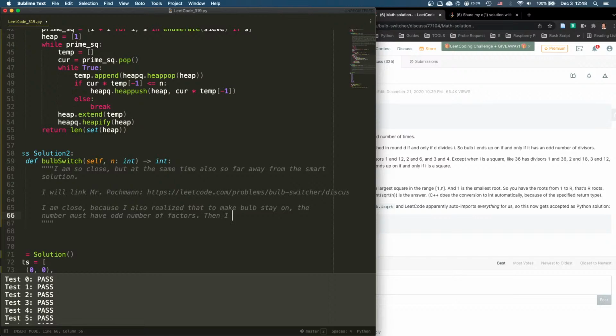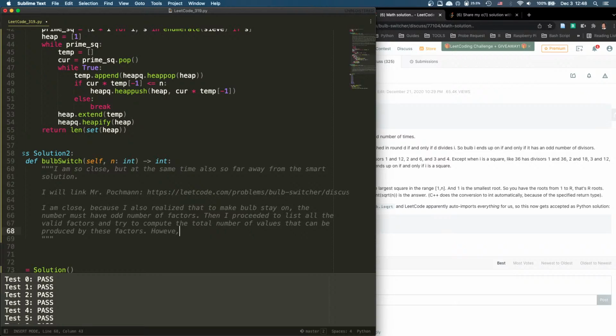And then I proceeded to list all the valid factors and try to compute the total number of values that can be produced by these factors.